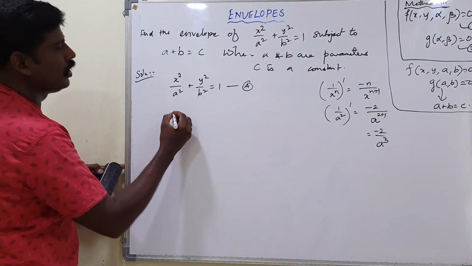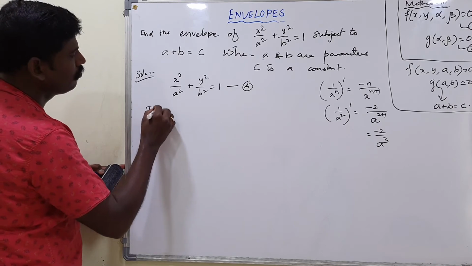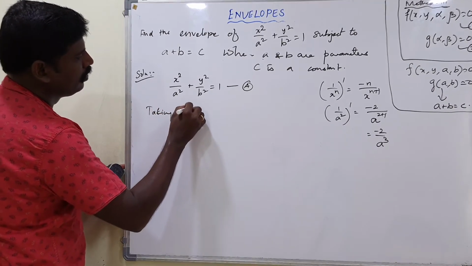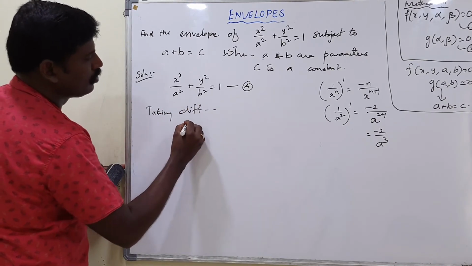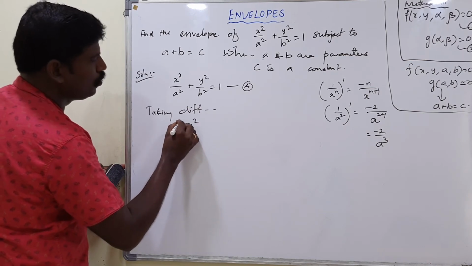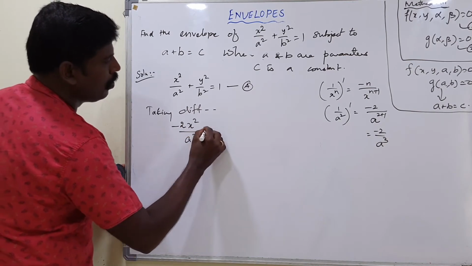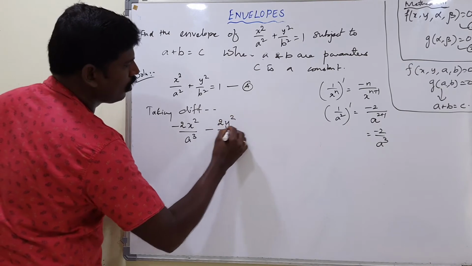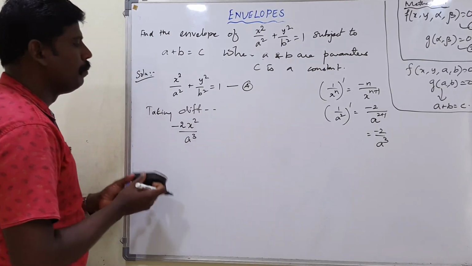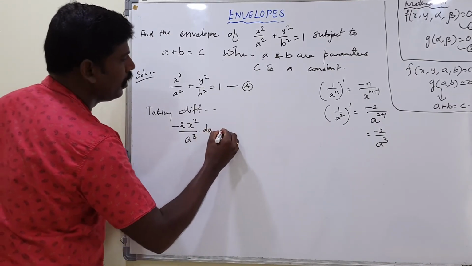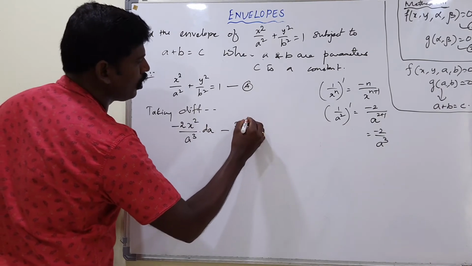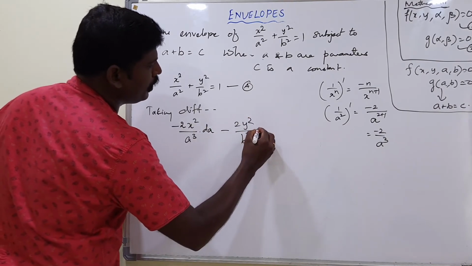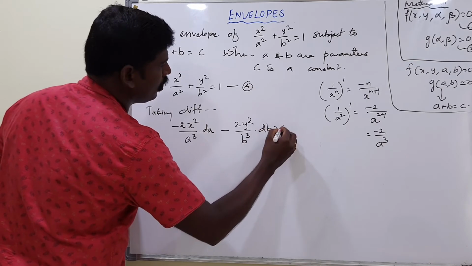So taking differentials, what you will get? x minus 2x² by a³ into dA, minus 2y² by b³ into dB equal to 0.